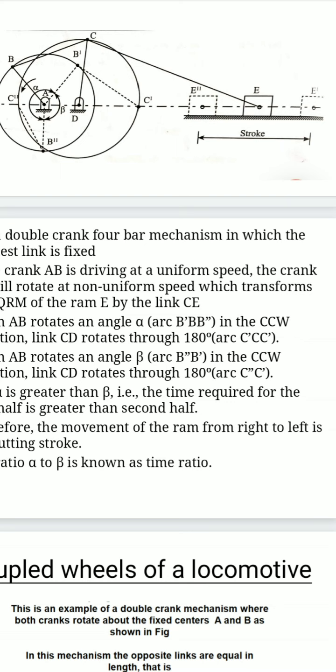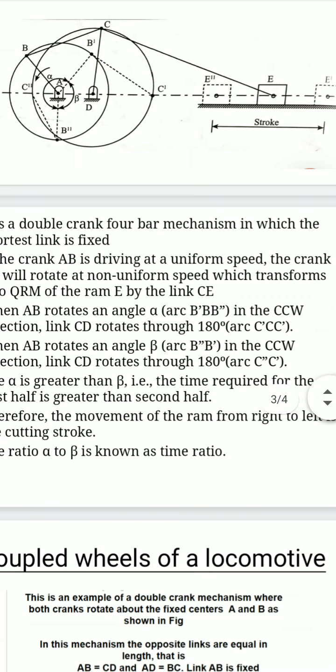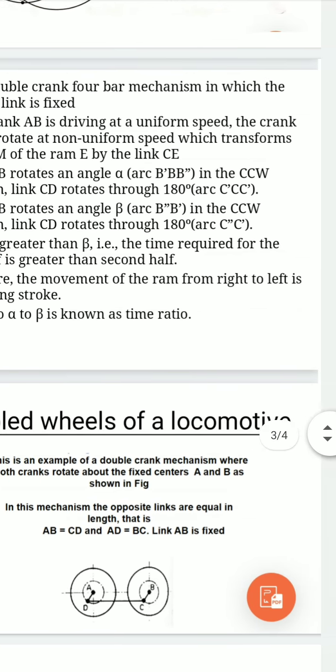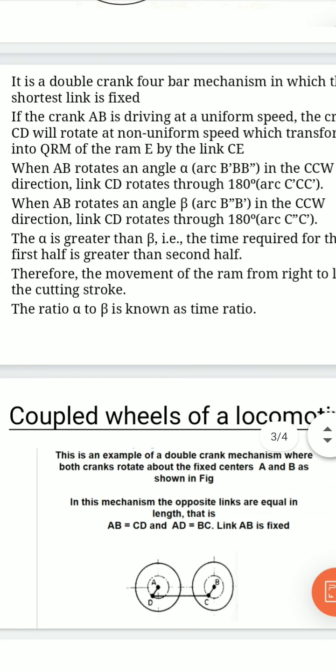So this mechanism can be used for cutting, where the movement of the cutting stroke can be adjusted to be long, and the return stroke, which is idle, can have its time reduced, so that the tool head comes back very fast and is ready for the next stroke. The movement of the ram from right to left is the cutting stroke, and the ratio alpha to beta is known as the time ratio.